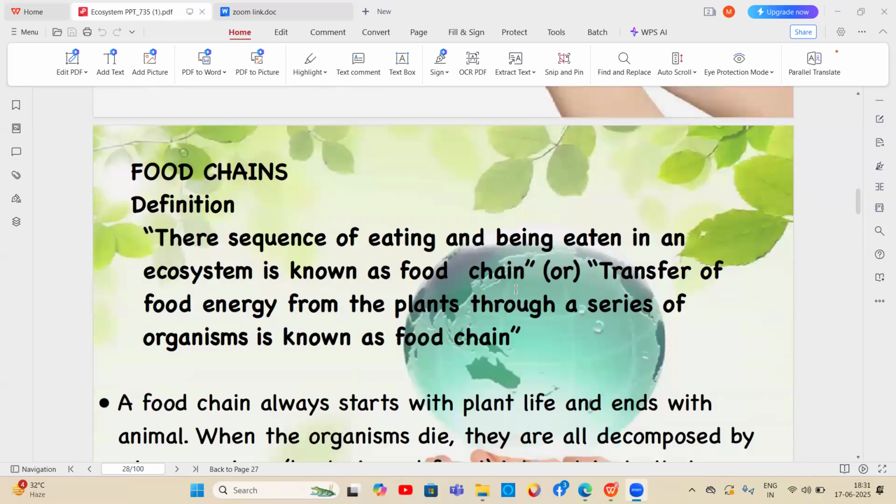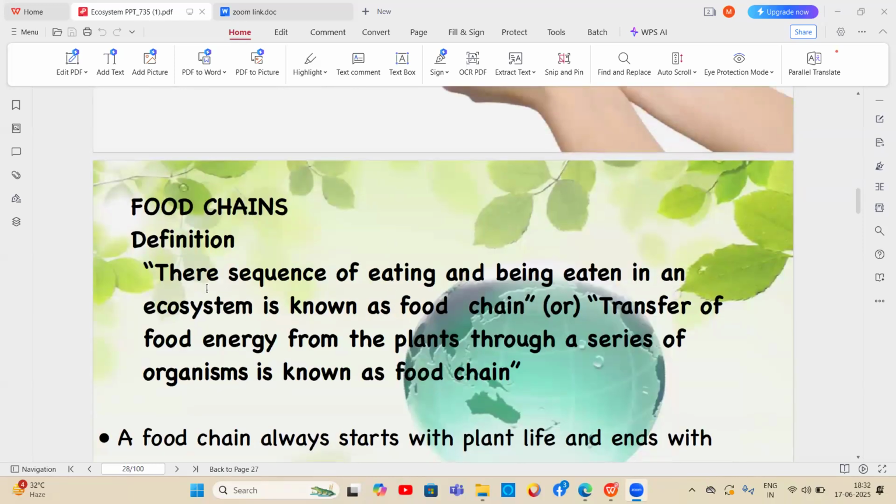So next one is the food chains. Here, the transfer of energy takes place through food chains. There is a sequence of eating and being eaten in an ecosystem, which is known as the food chain, or the transfer of food energy from the plants through a series of organisms.